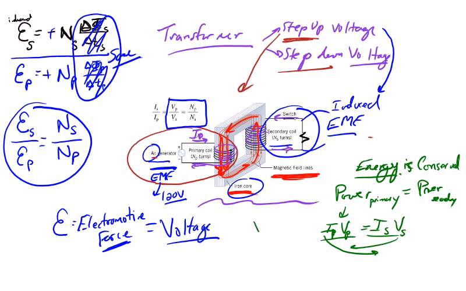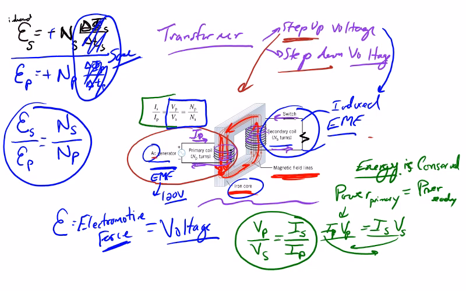The ratio of the voltages, primary to secondary, is the opposite of the ratio of my currents: the current through the secondary divided by the current through the primary.